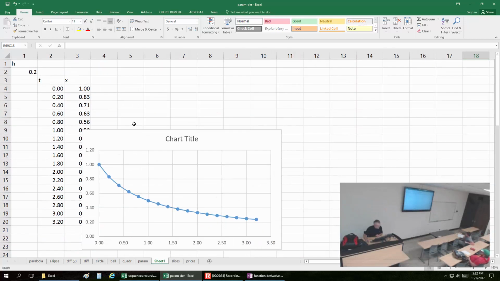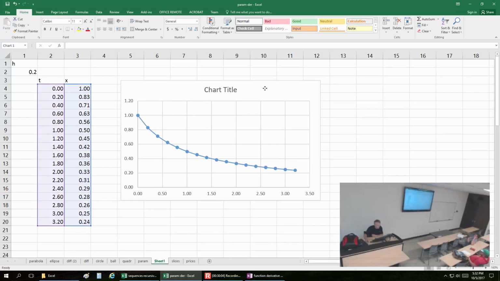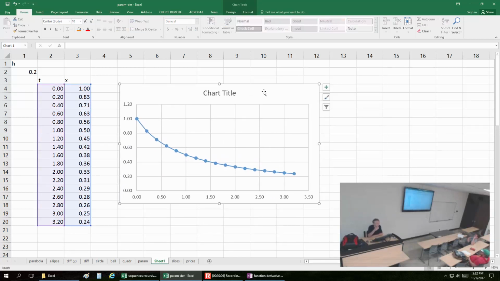I'm plotting x as a function of t. It doesn't matter what the formula is. We picked the free fall formula, so that is just one possibility. But you can have the dependence of x on t be any that you can imagine. So that's just one of them.